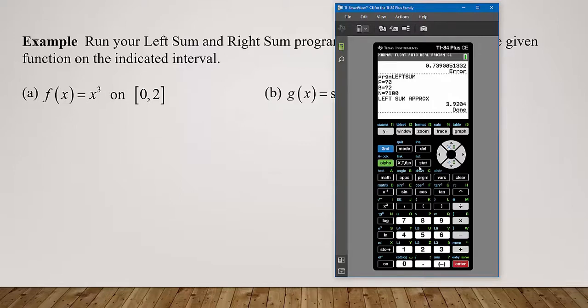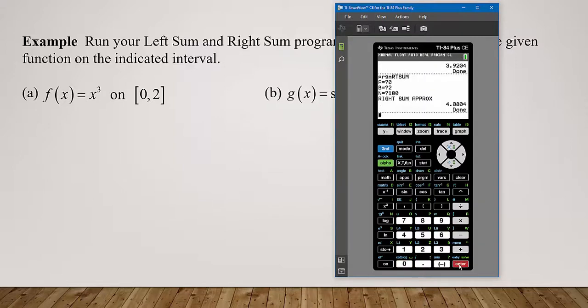All right, now let me run the right sum program. So right sum, same function. So it's the same a, same b, the same number of rectangles.